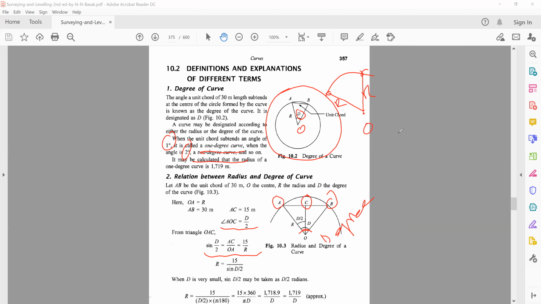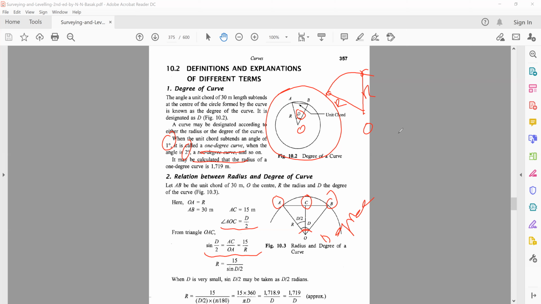Now, there's this relation in triangles that when the angle is very, very small, the sine of the angle becomes approximately equal to the angle. So this is an approximation that we usually take. So sine d by 2 becomes approximately equal to d by 2.